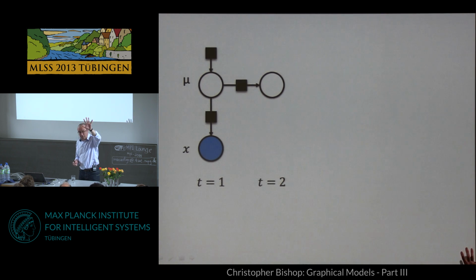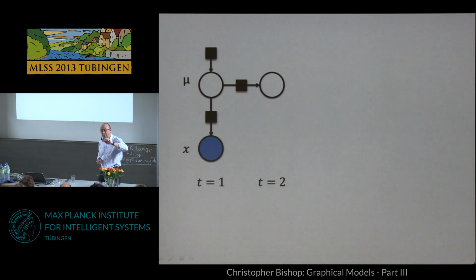So I have a very simple linear model, and I add Gaussian noise to account for the fact that the model isn't quite right. The difference between where the hand really is and my simple linear prediction of where it is, I'm going to call noise. So there are now two variances, or two noises: the noise on the sensor, and this Gaussian blur as we go from one time step to the next.